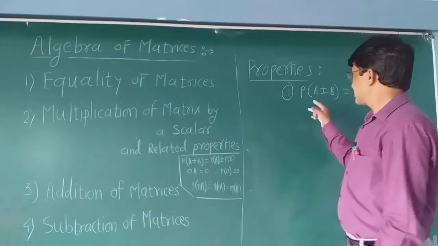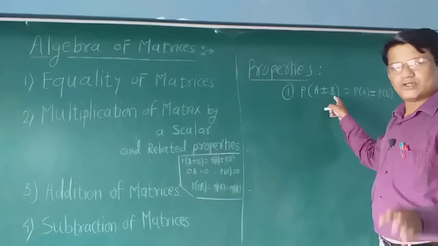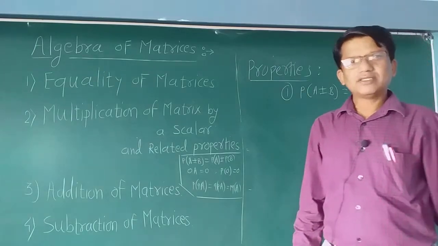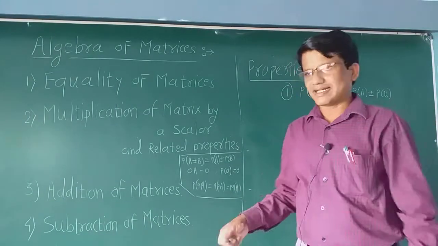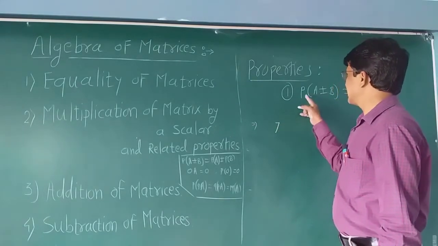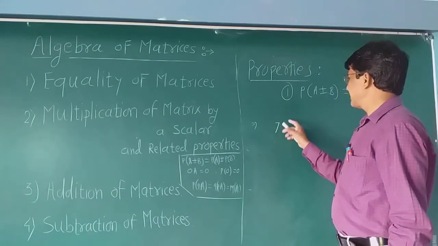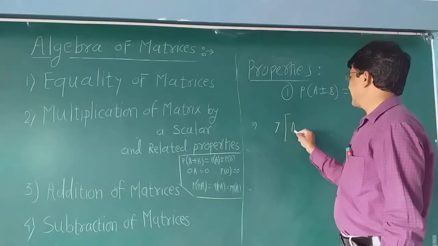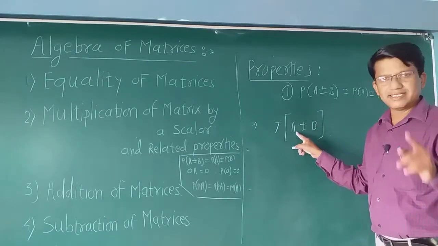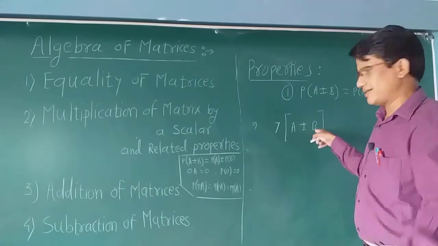See here, suppose A is a matrix, B is also a matrix, but here is the addition. So this is about addition of two matrices. Suppose P is a scalar, say 7 is given, and here A plus minus B are two matrices of the same order.